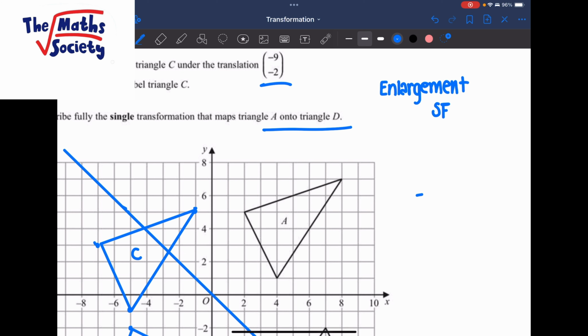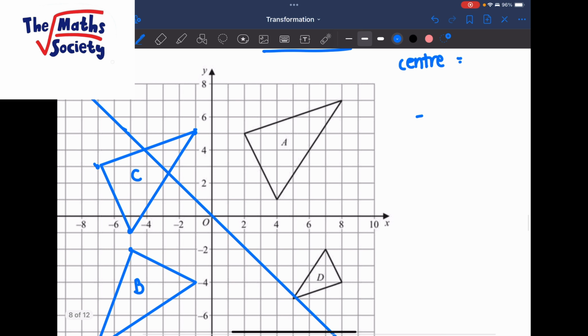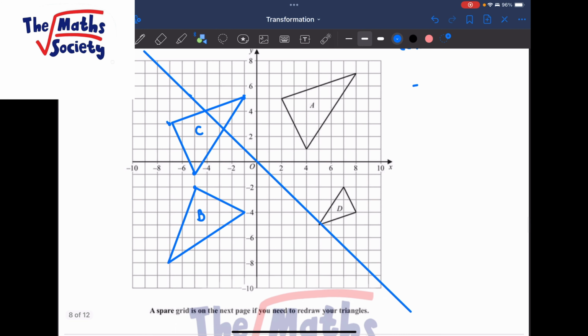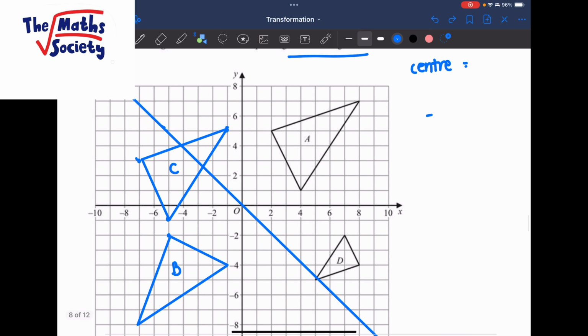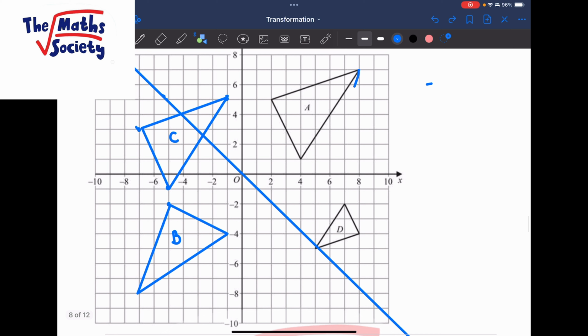We don't need SF. We need the center. So what we're going to do, we're just going to combine all the points again. Okay, this is actually not working that well. Let me just try drawing the line again.